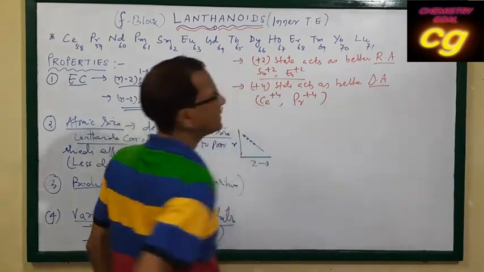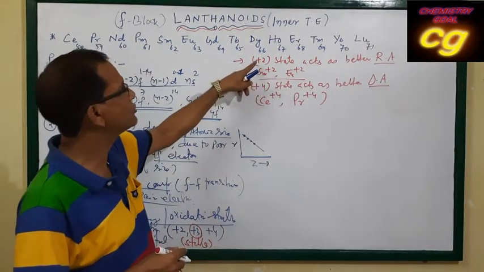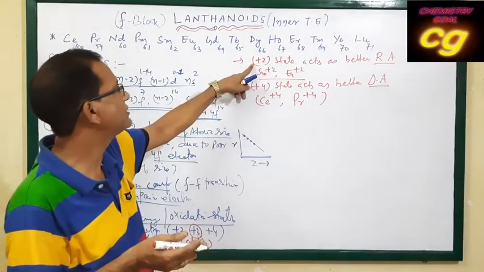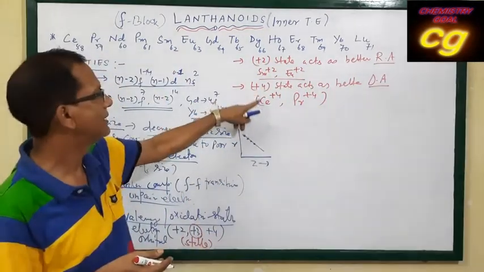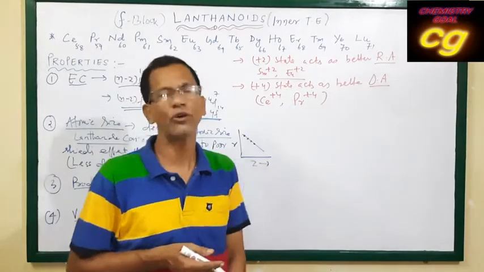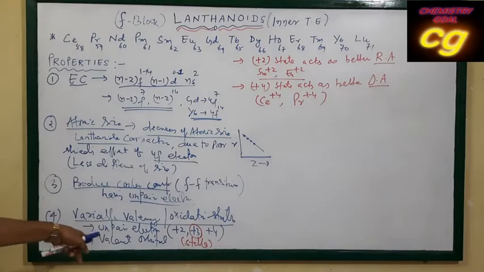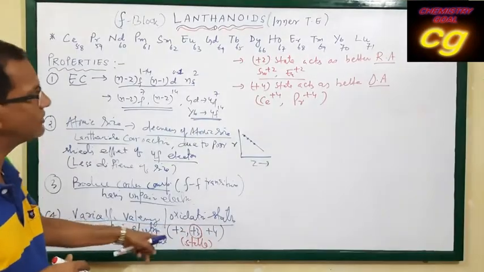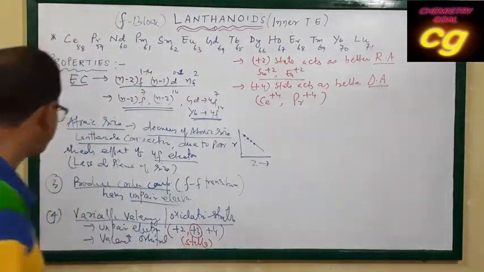These act as better oxidizing agents because they can be reduced to the +3 state. But the +2 state can be oxidized, so it acts as a reducing agent, and the +4 state acts as an oxidizing agent because it can be reduced. So these are very important: the oxidation states, the stability, and the oxidizing and reducing nature.